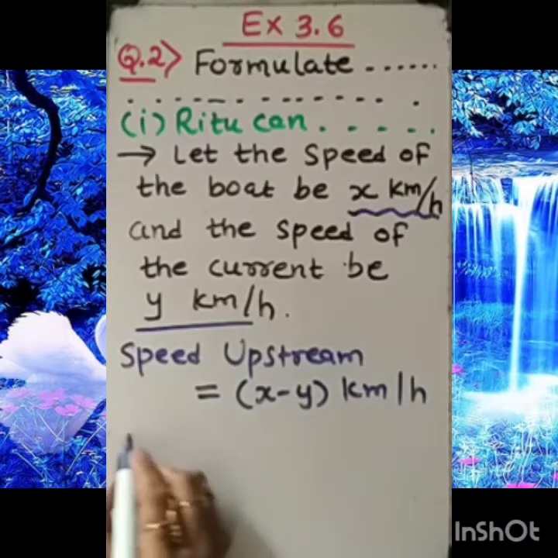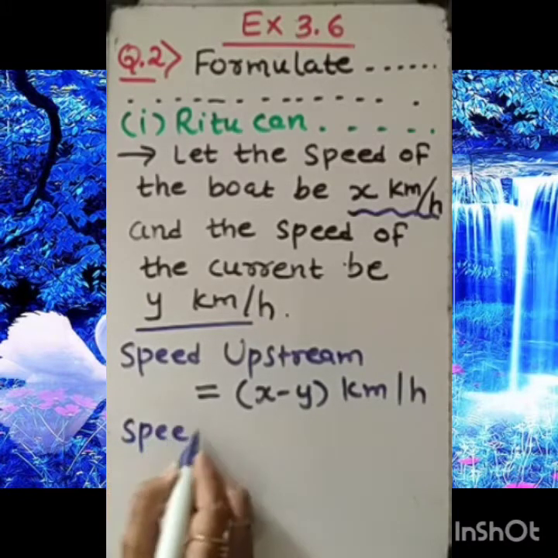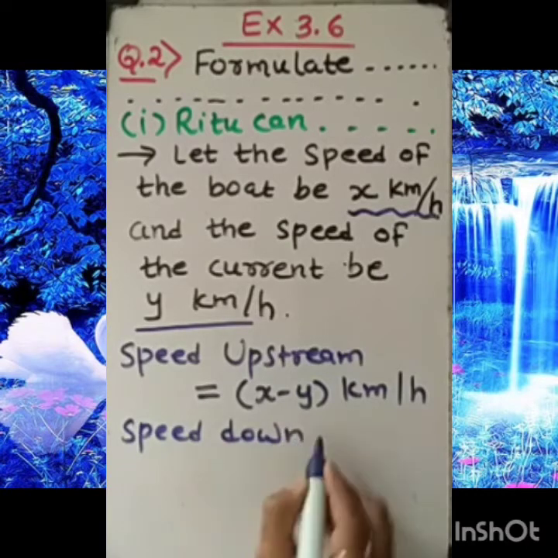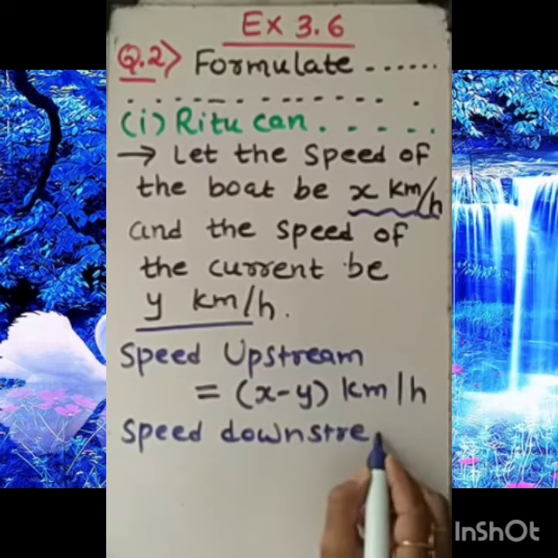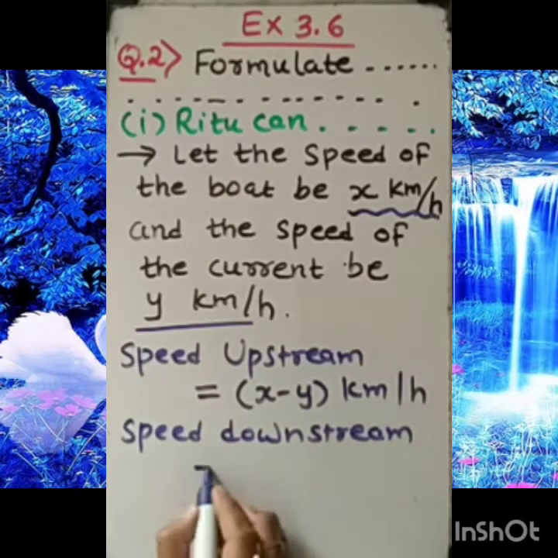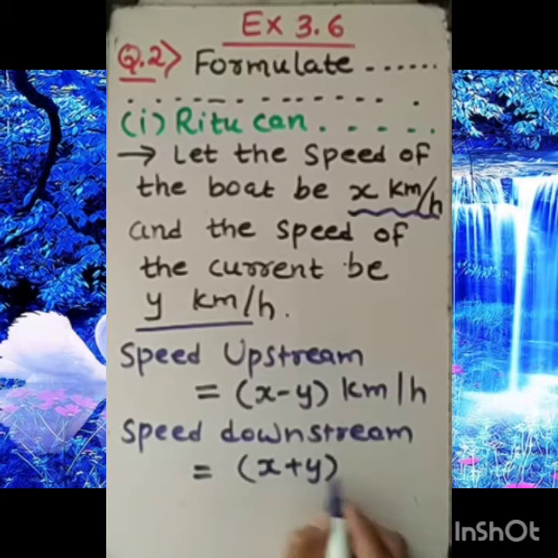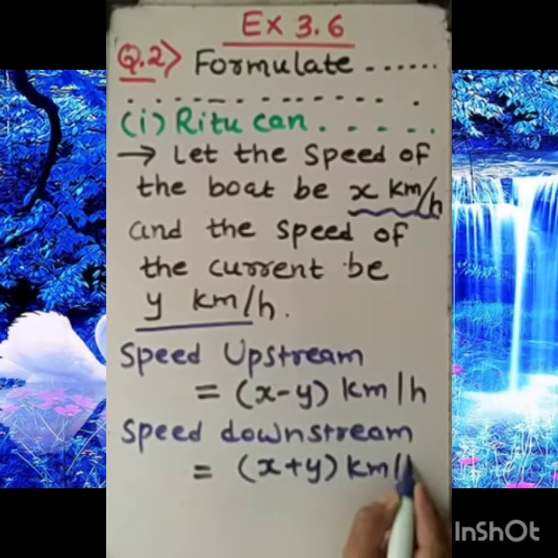And if we are going downstream, there are two types of direction, upstream and downstream. Downstream means along the flow of the water, along the current. The speed downstream must be x plus y kilometer per hour.